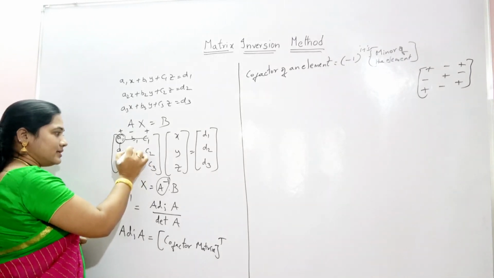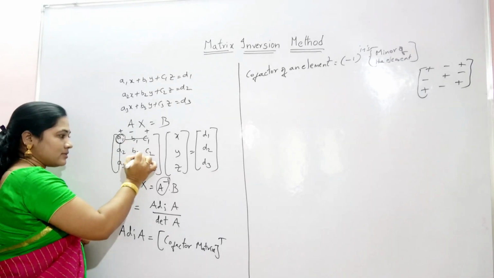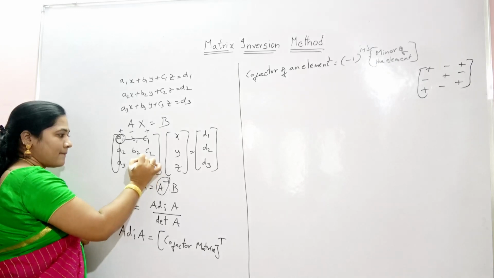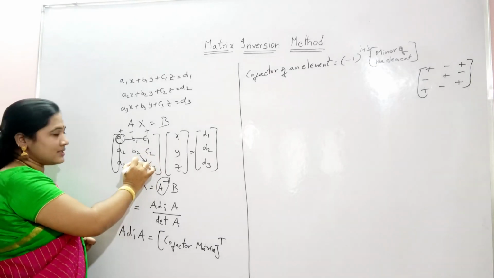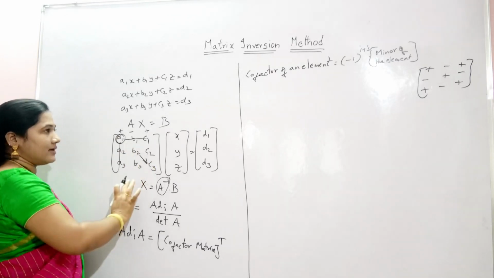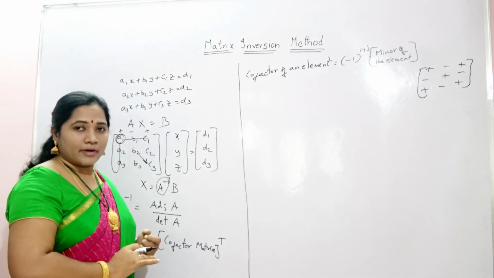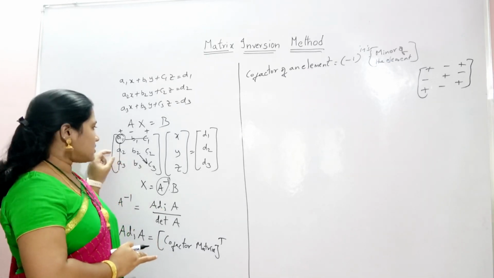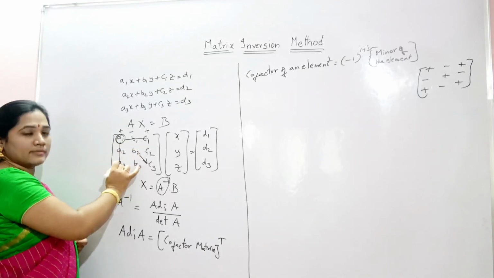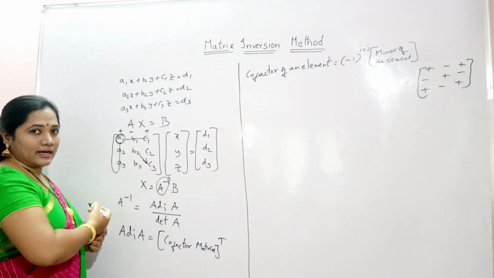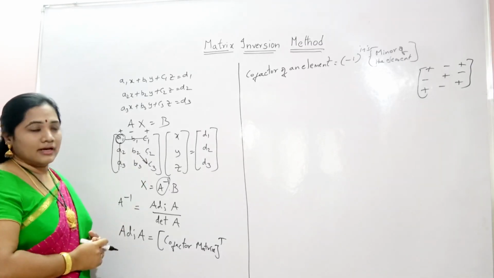Suppose the determinant for a1 is b2c3 minus b3c2. That is the minor of a1. So the minor of an element is obtained by deleting the row and the column in which the element is present and writing the determinant.